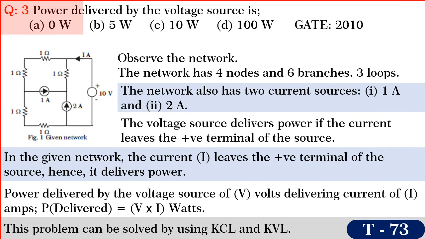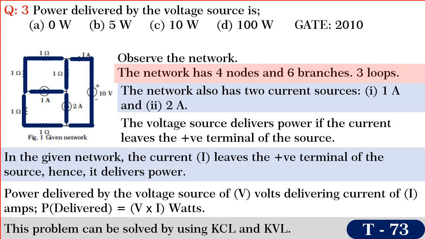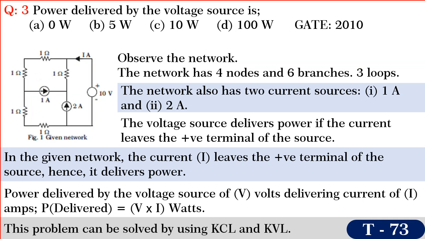Friends, next we shall solve the GATE question of 2010. In this question, we are required to find the power delivered by the voltage source. Observe the network. The network has 4 junction nodes, 6 branches, and 3 loops. Also, the network has two current sources, one of 1 ampere and the other of 2 amperes.